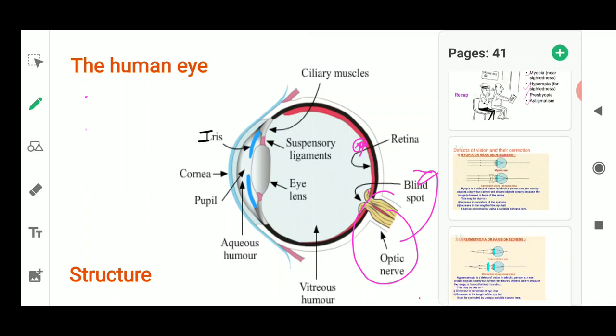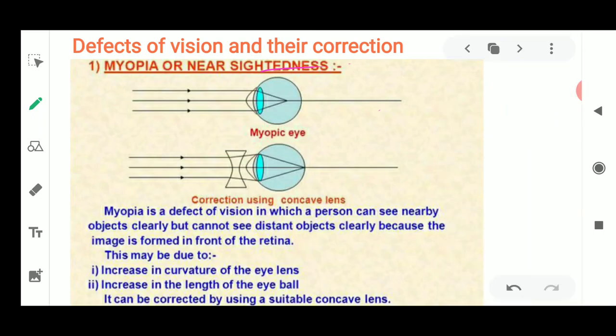Now we move back towards the slide which we were seeing previously, that was this defect of vision, that is myopia. Myopia is a defect where a person can see nearby objects clearly but is not able to see the distant object clearly, because the image is formed in front of the retina. Here you could see in the first diagram that light rays are coming inside the eye, and then strike the lens.